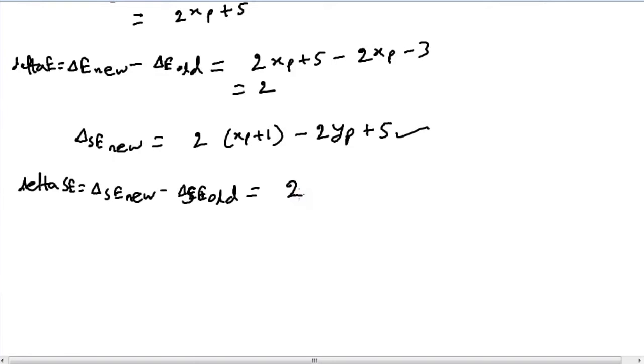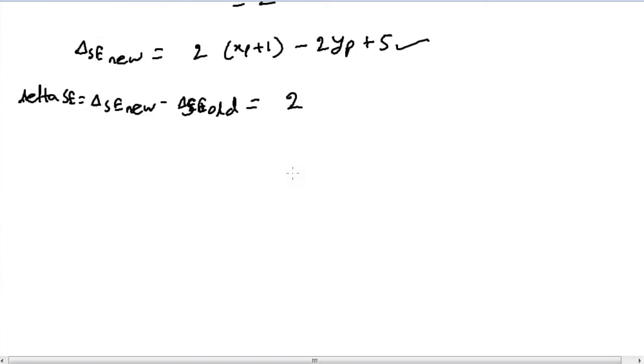So whenever we choose the pixel E, we update our value of delta E by 2 and delta SE by 2.